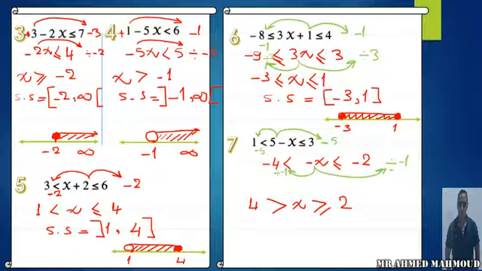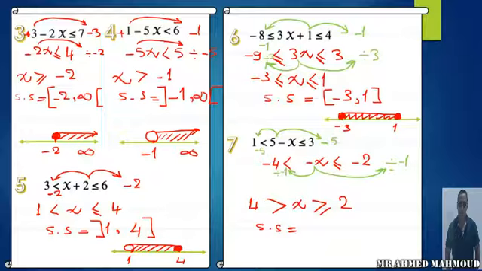Now we have x smaller than 4, greater than x greater than or equal to 2. Okay, to write the solution set, I can't here write 4 at the left side. I will start with the smaller one.